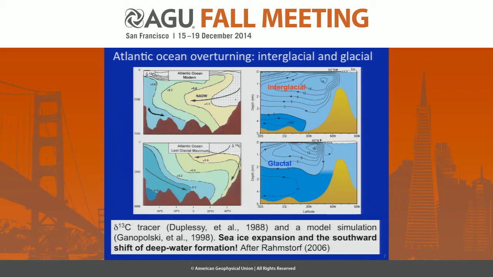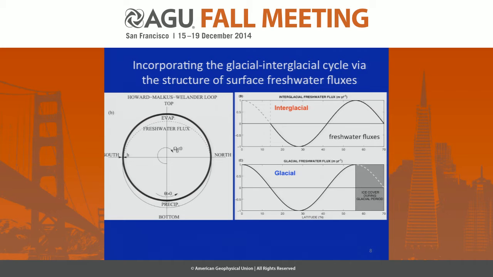And we can use this in our loop model by simply changing the relative structure of freshwater fluxes that our overturning experiences. And in the simple approach, we simply shift the basin of the MOC. So this is our basin of the MOC. We shift it southward during the glacial interval.